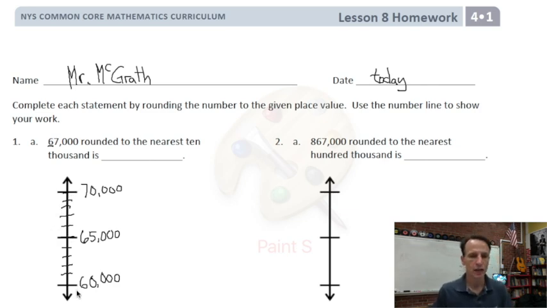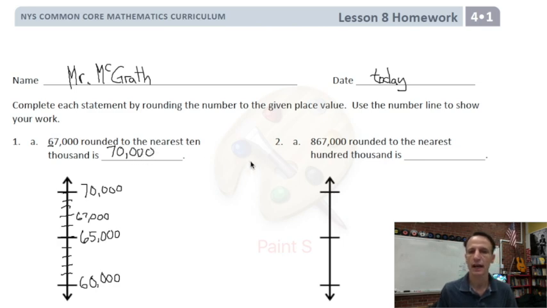Great. So now where is 67,000 on this vertical number line? Well, there's 65, 66, 67,000. There it is. And when we look at 67,000, it's past the midpoint, so it's closer to, yes, that's 70,000. So we would round it to 70,000.